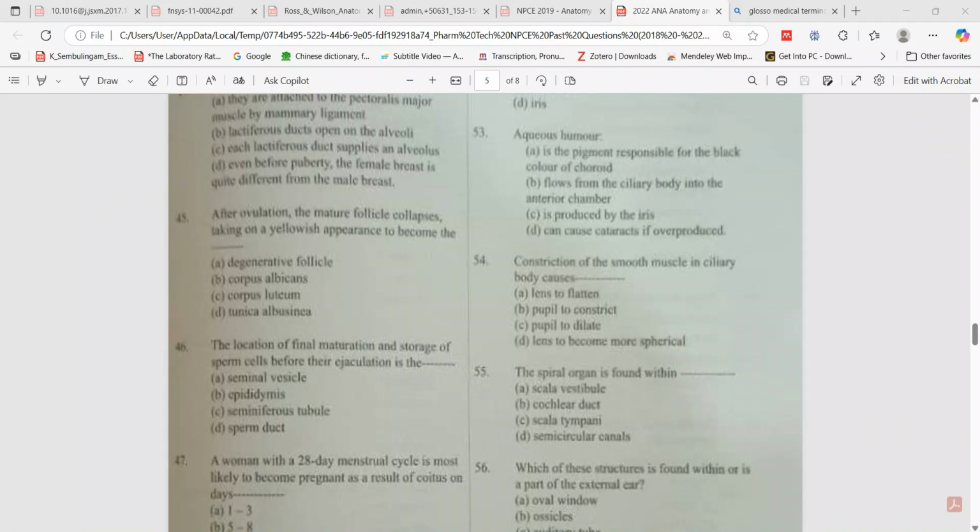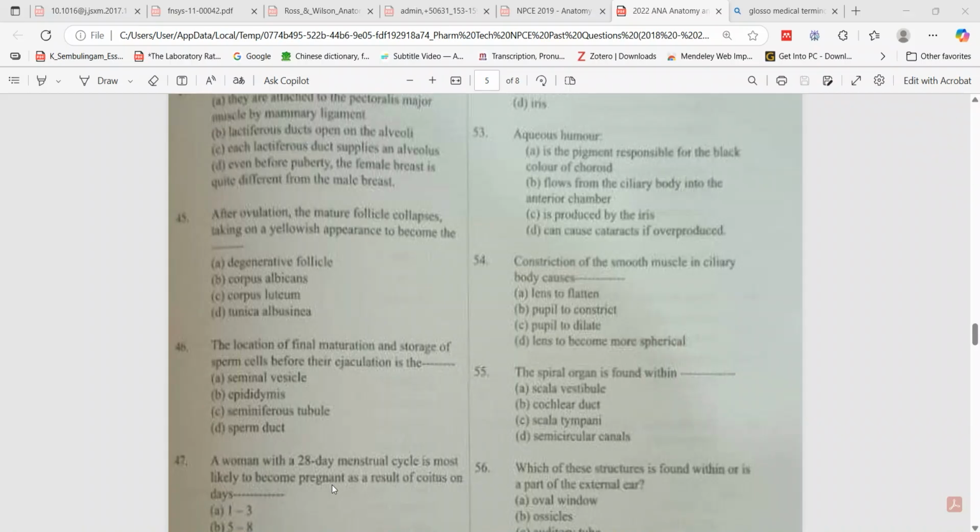Next one. Constriction of the smooth muscle in the ciliary body causes: A, lens to flatten; B, pupil to constrict; C, pupil to dilate; D, lens to become more spherical.